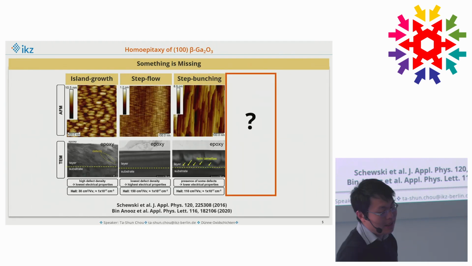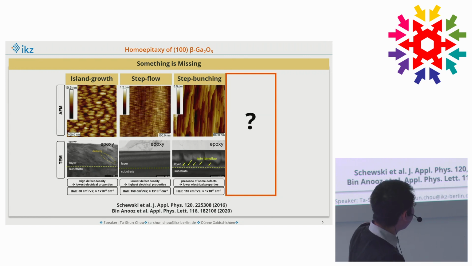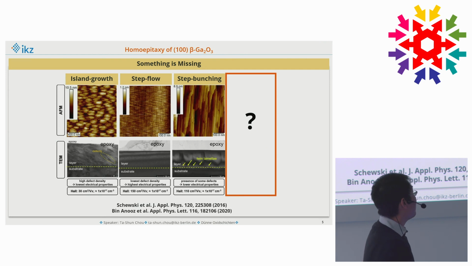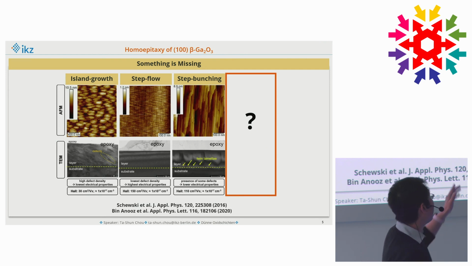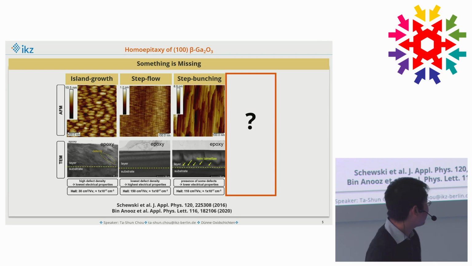And luckily, in our past experience, we identified 3 growth regions to control different morphologies, but we ended up finding that there's actually a 4th growth window, which gives us even better results, and which we didn't discover before.